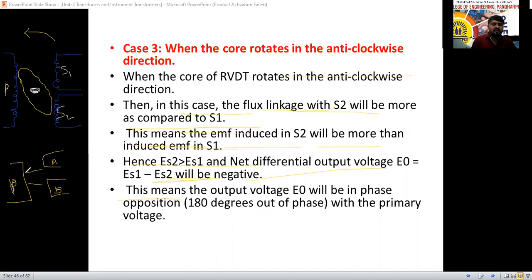This is called null position. He gave one hand to each, equally supporting both of them to stand over there. Yes or no? So that is what we are going to call null position.